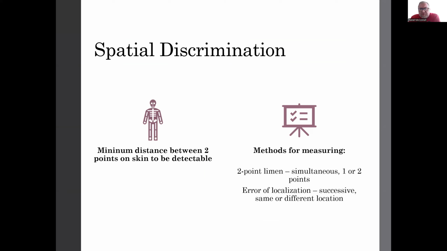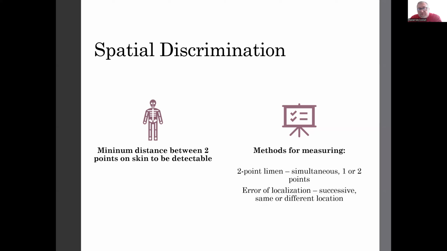So they're not really going to be able to discriminate that until you move those points, maybe again, farther apart. So in this case now, we hold them, let's say, a centimeter to a centimeter and a half apart. Then they might be able to say, okay, now I can tell that there's 2 distinct points of contact there. So that's the goal of this research, to figure out how far apart the points have to be before a person can actually discriminate that it's 2 versus 1.